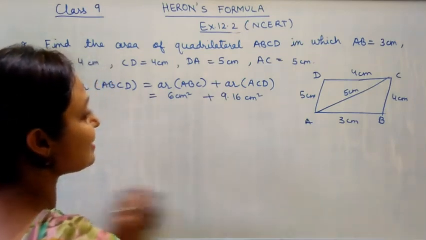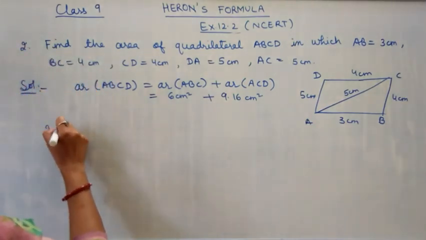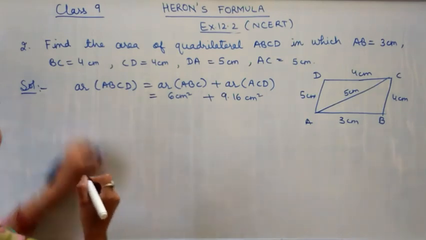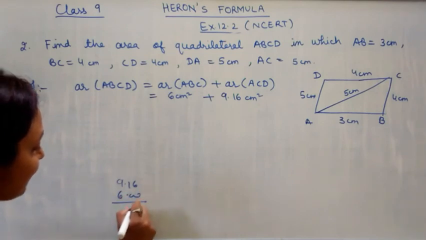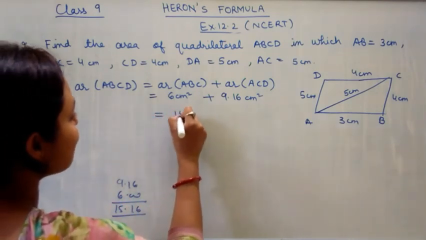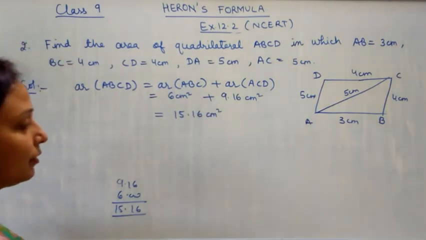This is 6 and this is 9.16. Now I will add these two, 9.16 and 6. After adding, 15.16 is the area of this quadrilateral.